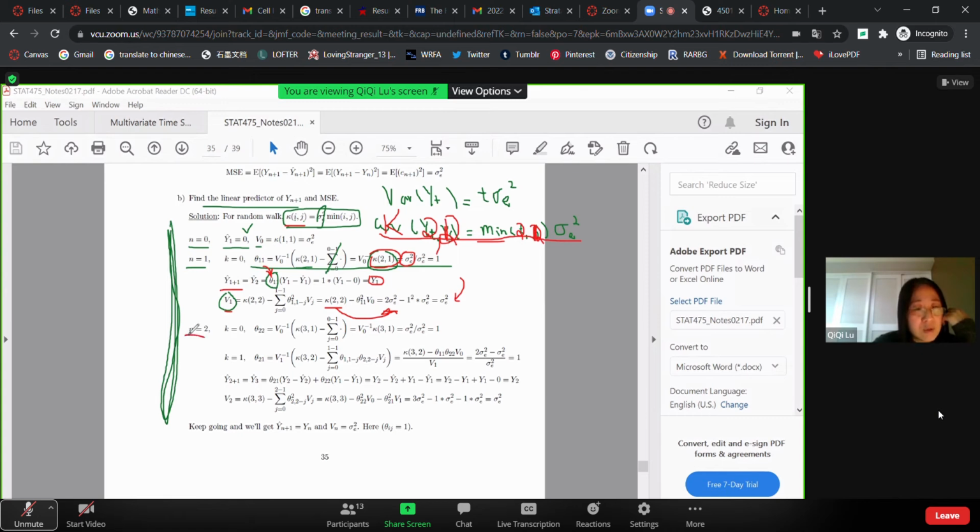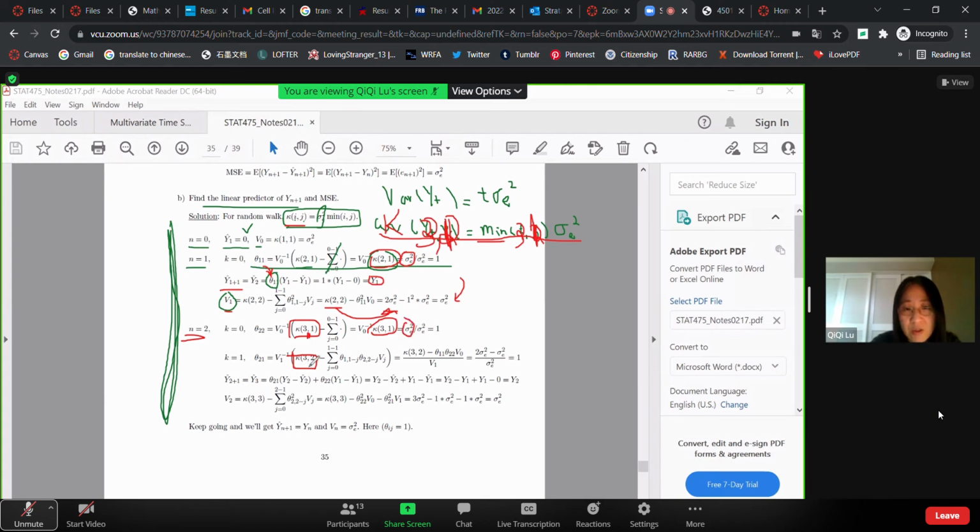Okay, and then we do n equals 2. In the formula, basically you need kappa 3,1 and kappa 3,2, right? So kappa 3,1, minimum between 3 and 1, so that's 1. See, this is sigma E squared.